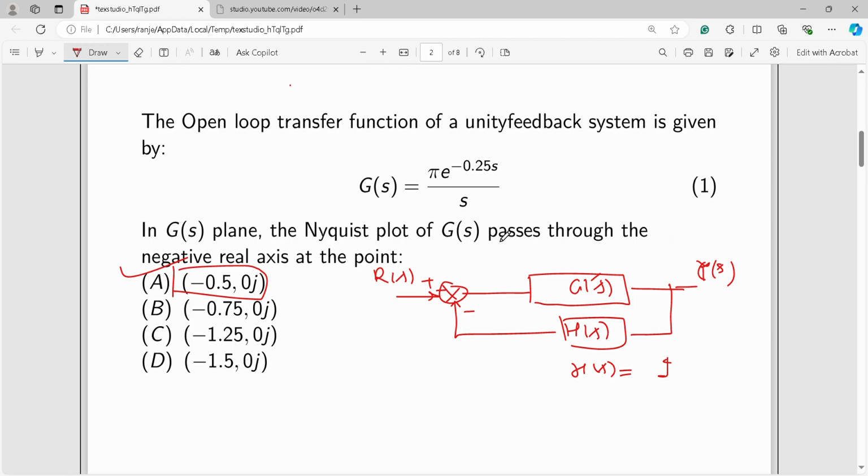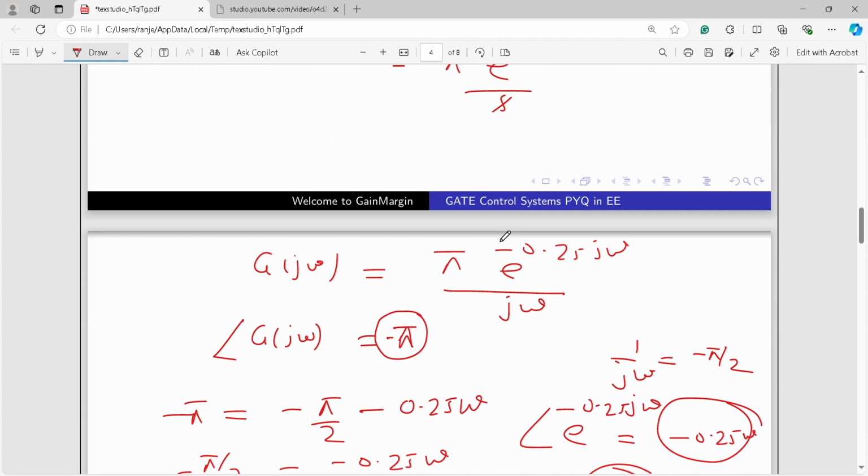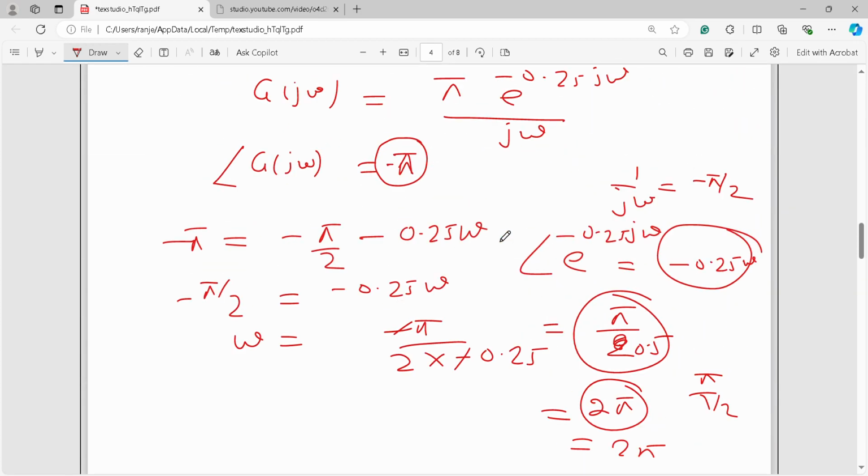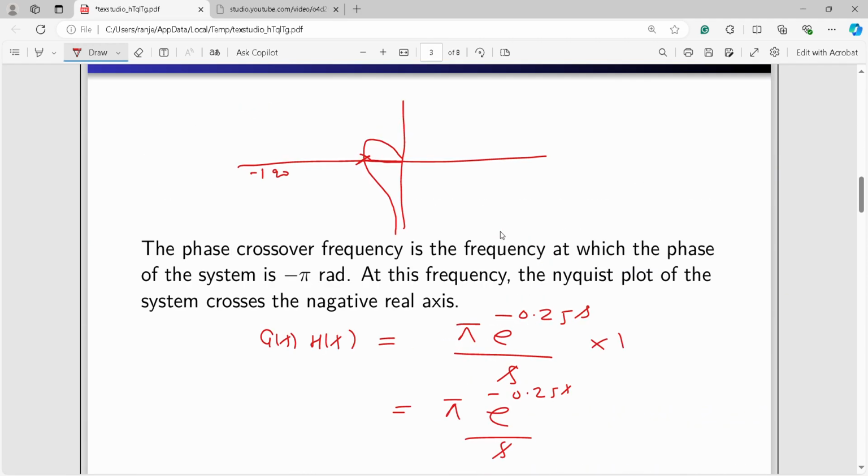If they ask for the phase margin, then how do we find the phase margin for this? For this, we first need to find the gain crossover frequency. For gain crossover, this magnitude should be 1. So the function is pi into e to the power minus 2.5 s by s, and its magnitude is 1, which we already know.